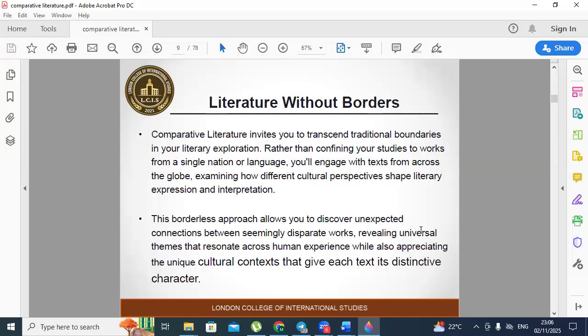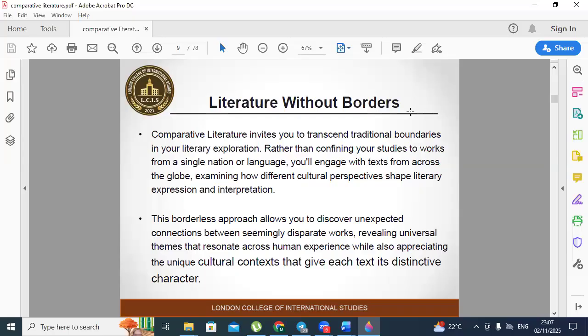This borderless approach allows you to discover unexpected connections between seemingly disparate works, revealing universal themes that resonate across human experience while also appreciating the unique cultural contexts that give each text its distinctive character.